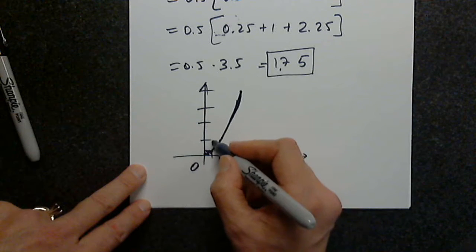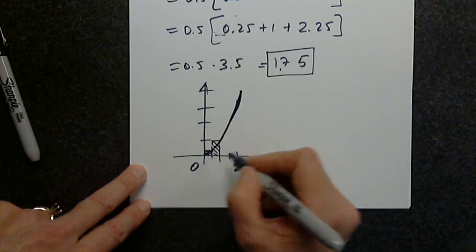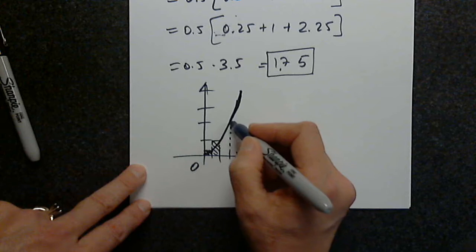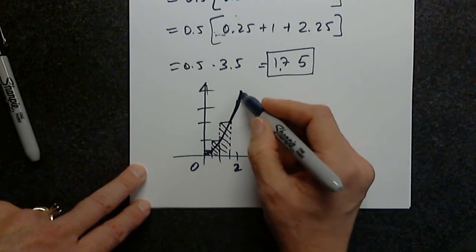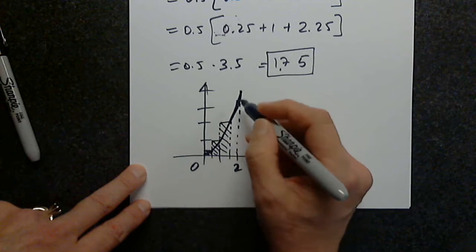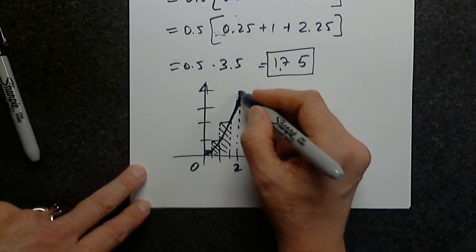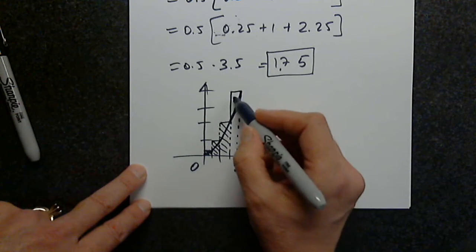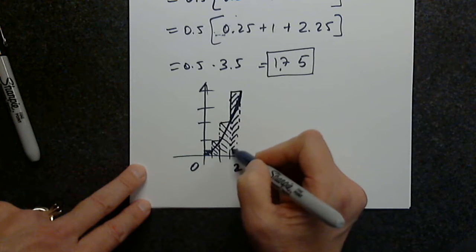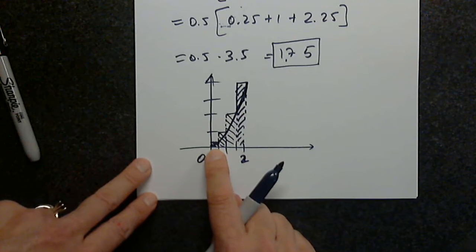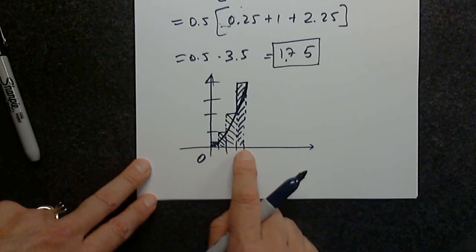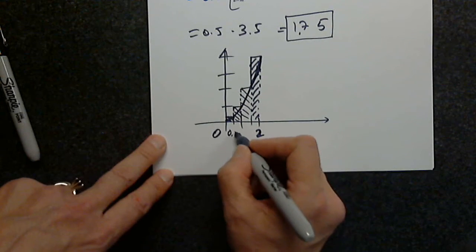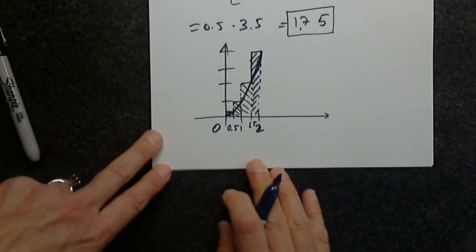Here is the second area, or rectangle. Here is the third area, or rectangle, if you want. And here's the last one, with the rightmost point. This one with the rightmost point height, this one, this one, this one. 0.5, 1, 1.5 is the same.